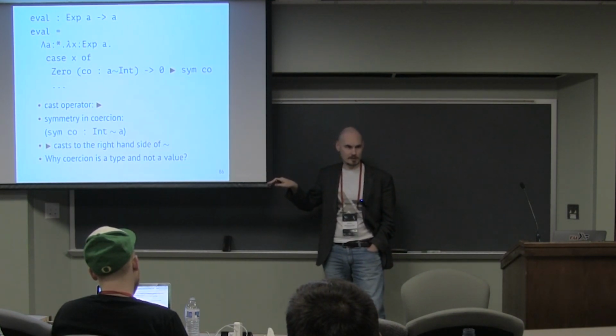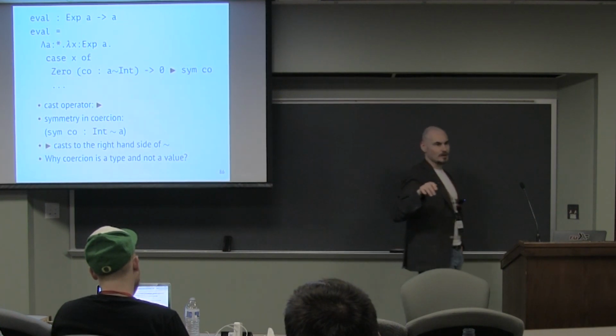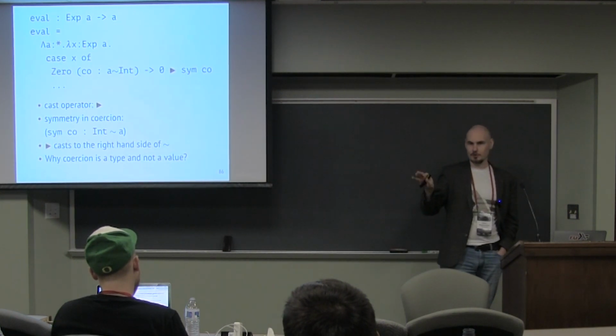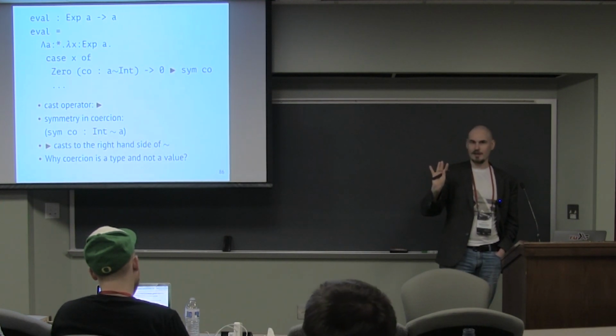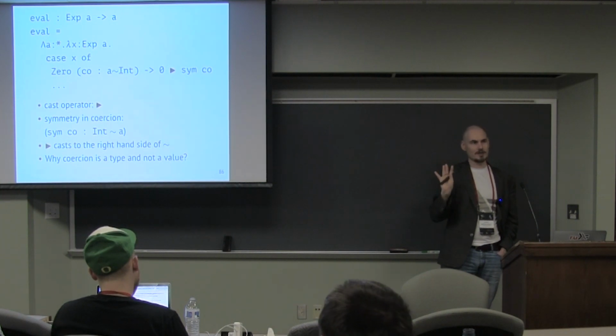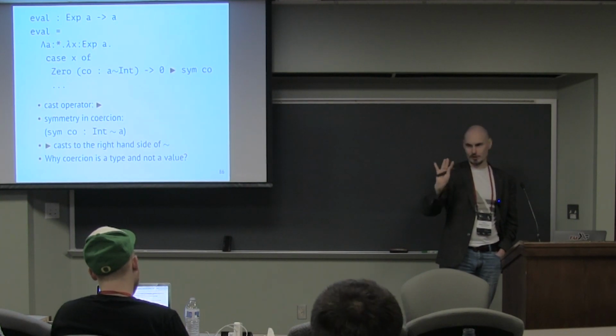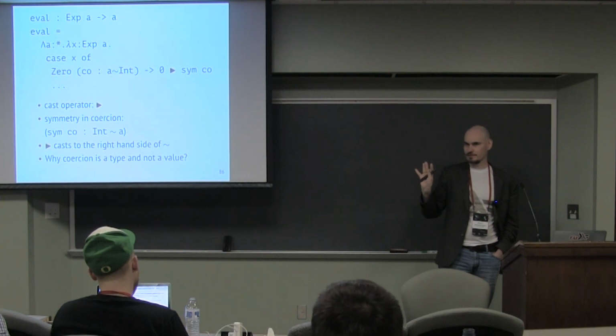We've actually answered this question several times already. We don't need those coercions at runtime, so we can erase them. And everything that should be erased, we just call types. That's it.